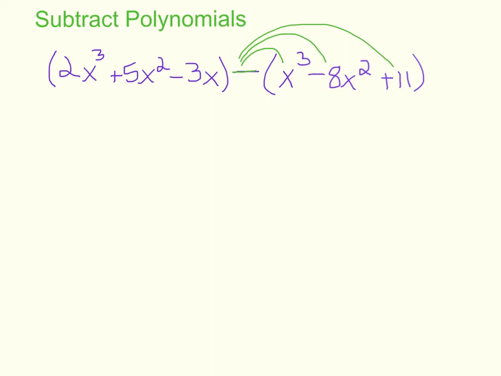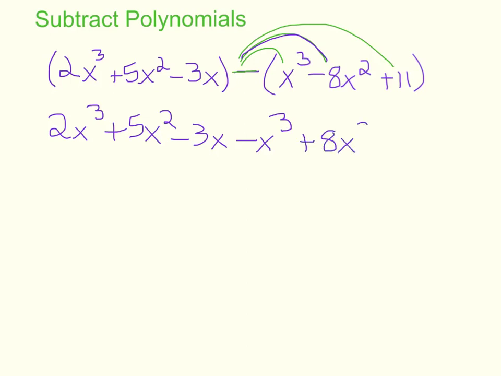So now we can rewrite this 2x to the third plus 5x squared minus 3x, and now rewrite the second polynomial after you distribute. So minus x to the third, negative times a negative becomes plus 8x squared, and then when you distribute the negative to the positive 11, it is now minus 11.